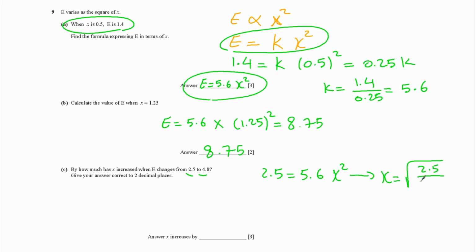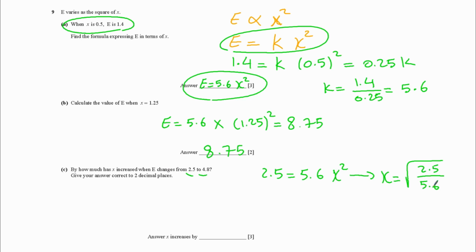So I am dividing both sides by 5.6, and then because I want to find x and I have x squared, I need to square root it, and that would be x equals square root of 2.5 divided by 5.6. And I am just going to find that.